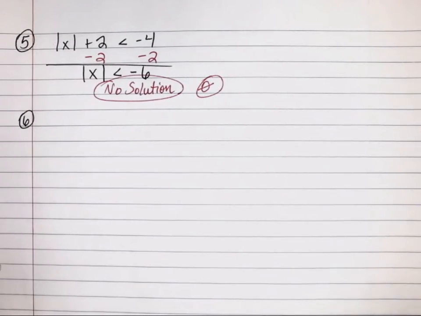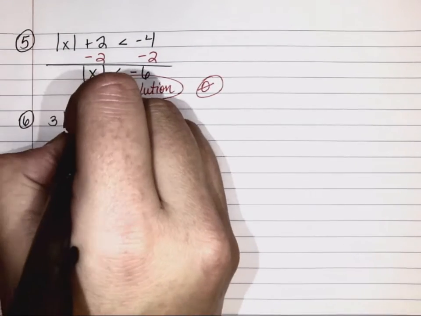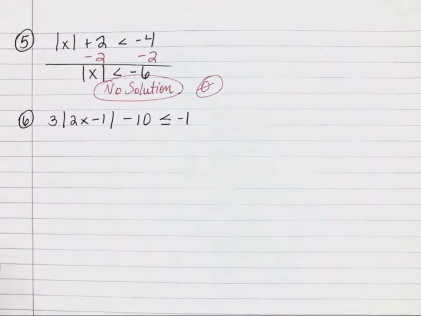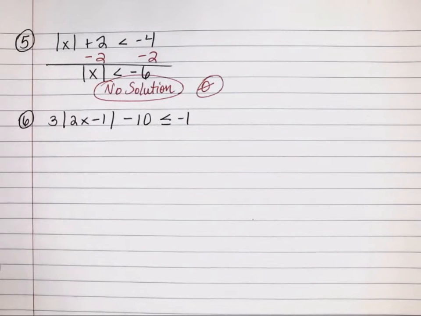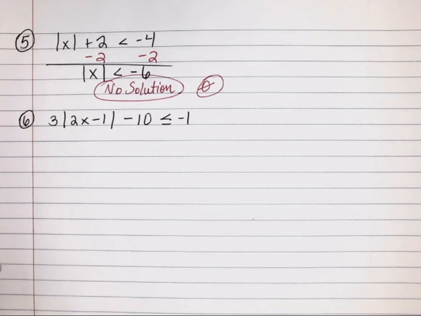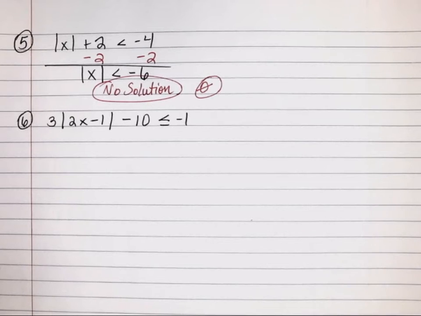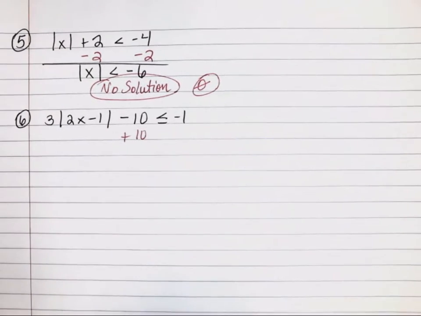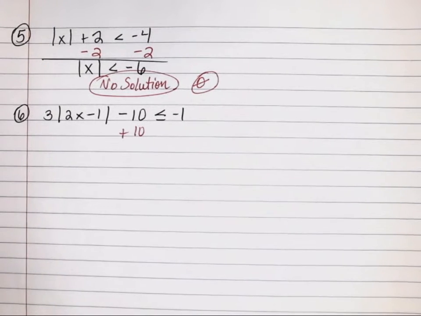Number 6. 3 times the absolute value of 2x minus 1, minus 10, less than or equal to negative 1. Okay, let's isolate. You always undo addition or subtraction first, by the way.